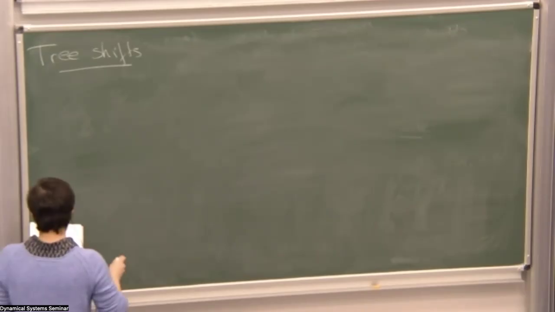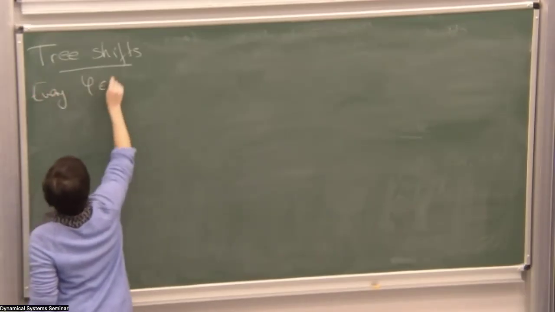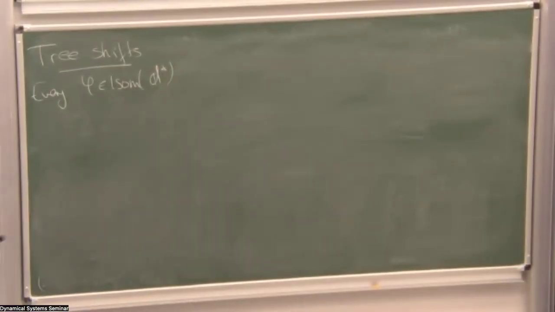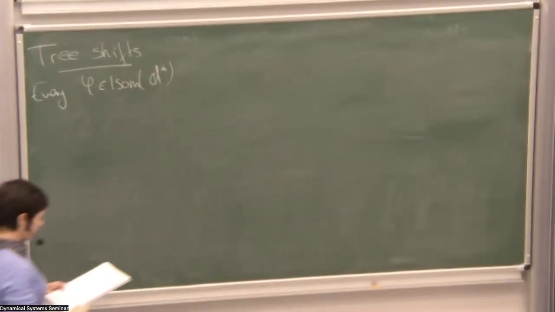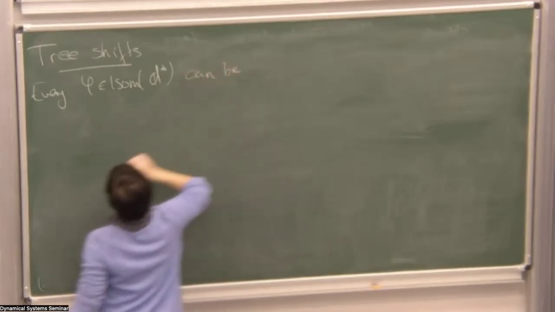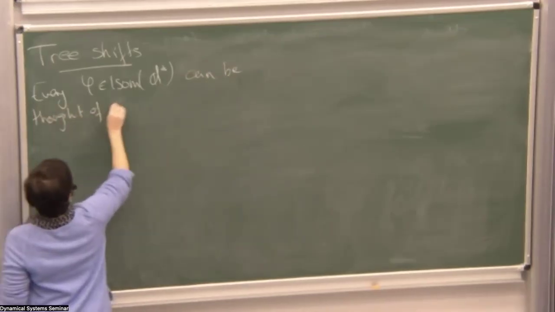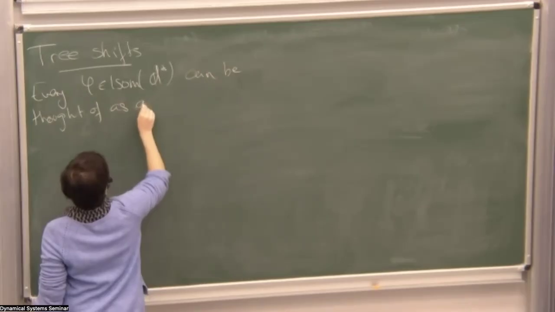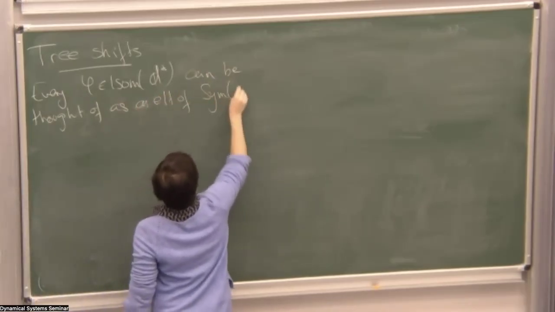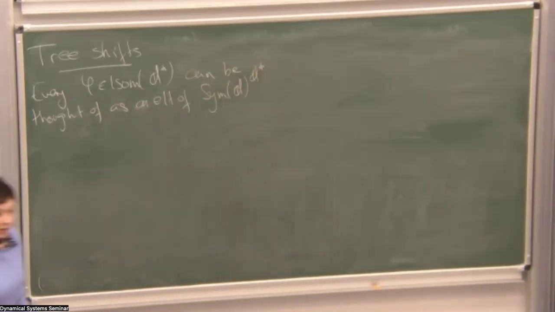So here goes. Let's think of every element of Isom D star, every automorphism of the D-regular tree, as an element of Sym D to the D star.